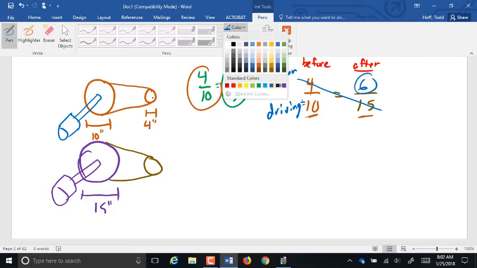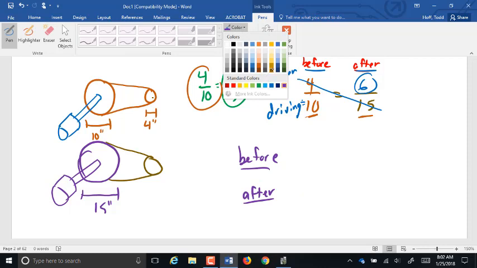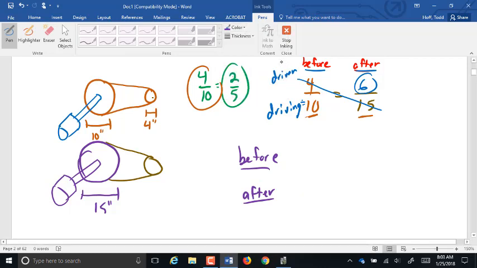But I could have set it up a different way. Instead of the before on the left and the after on the right, I could have done before on top and after on bottom. What that would do then is we got driven and driving. Doesn't matter which one I put on the left or the right.